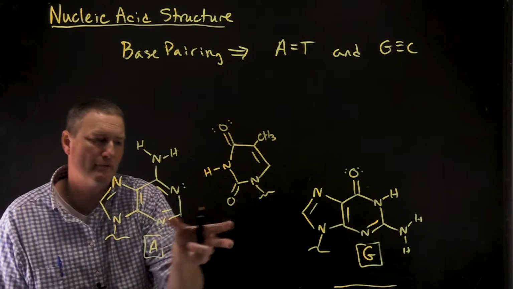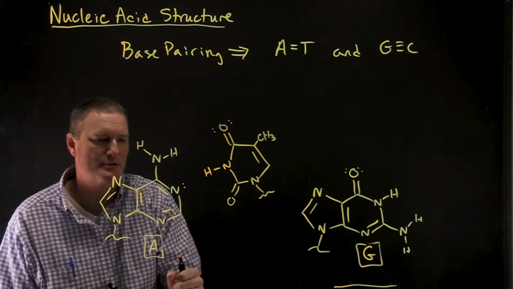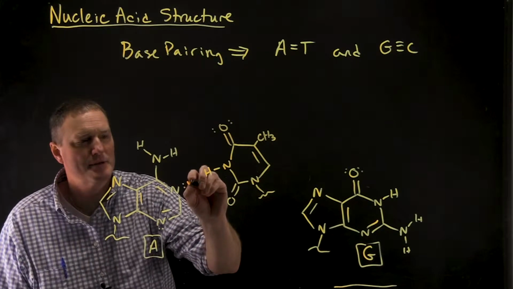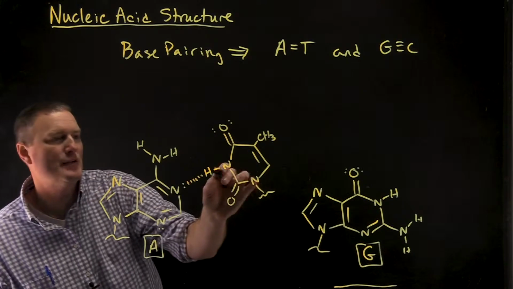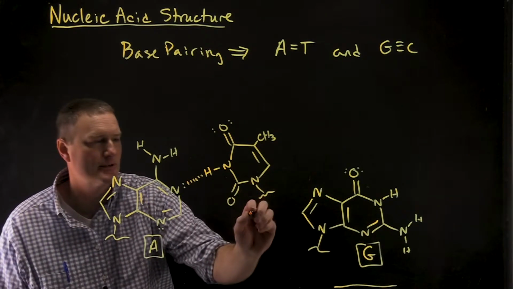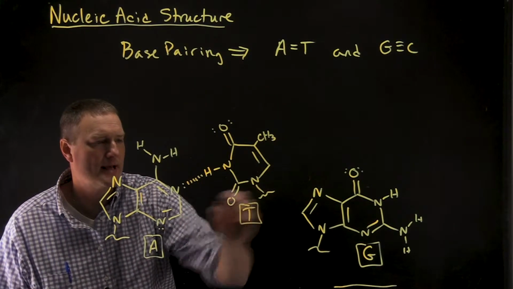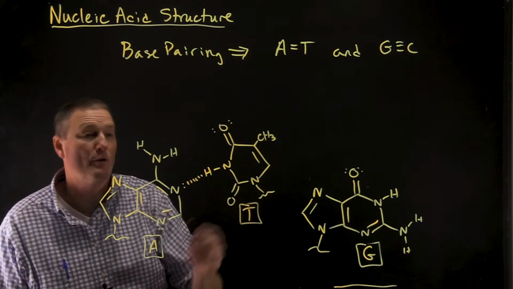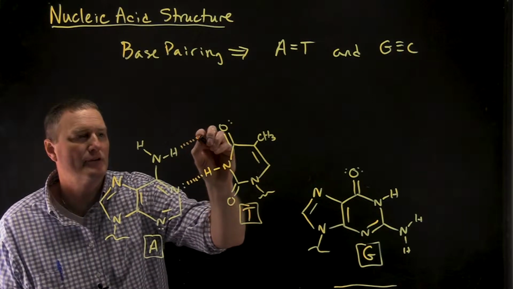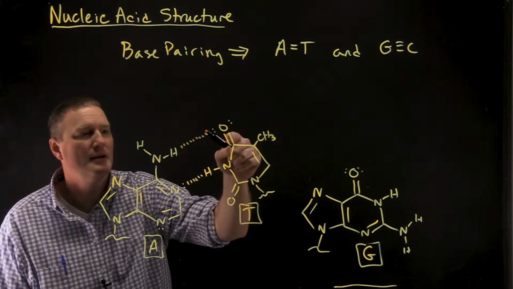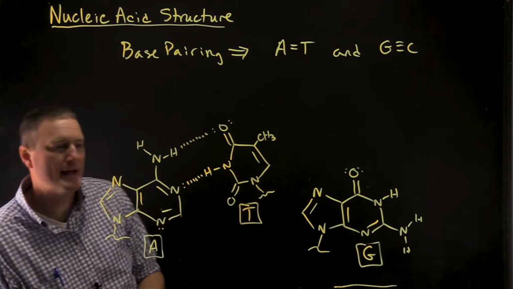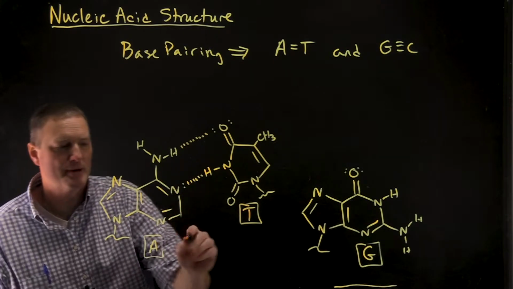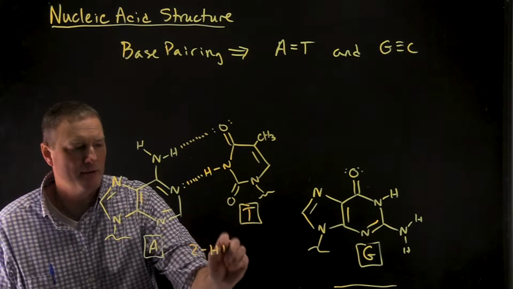So here, if I have A, I've rotated this about 30 degrees this way. And what that does, it positions a lone pair of electrons on this nitrogen of the A to the NH of T. So this is the nucleic acid base thymidine, or thymine. And it also positions the carbonyl of T next to the exocyclic amino group of A. So in the AT base pair, there are 2 hydrogen bonds.